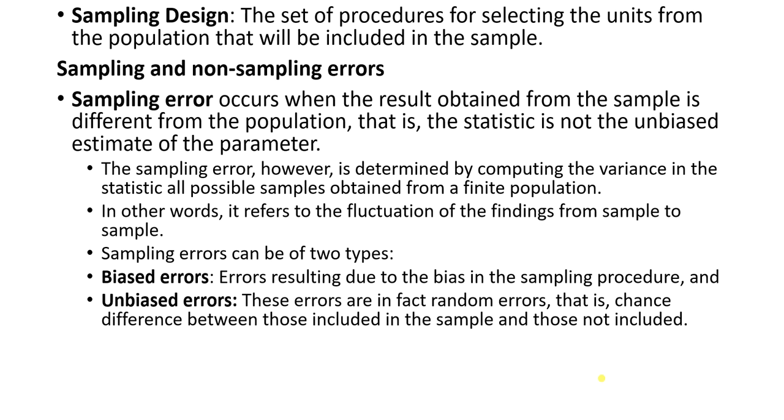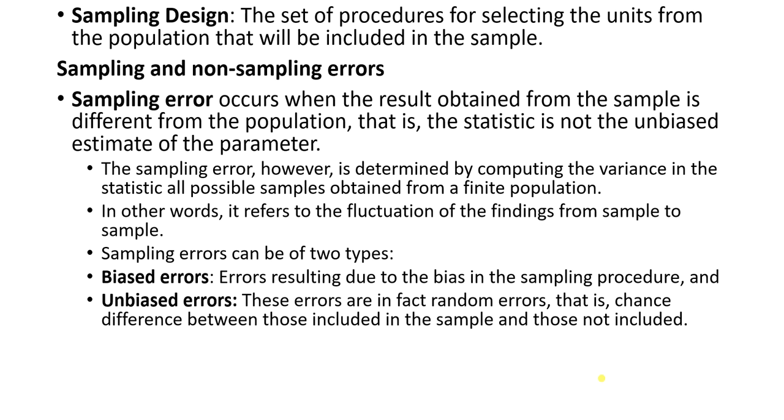So if the statistic, that is the sample characteristic, is not found to be an unbiased estimate of the population characteristic, that is the parameter, then we can say that some sampling error is occurring.